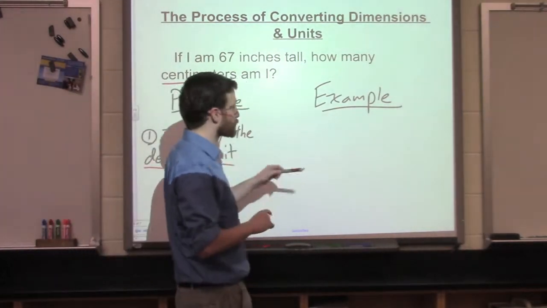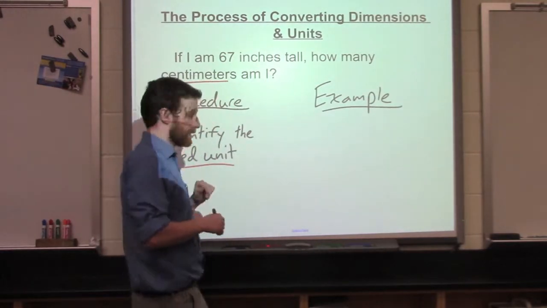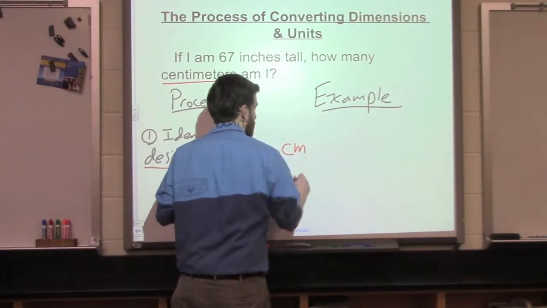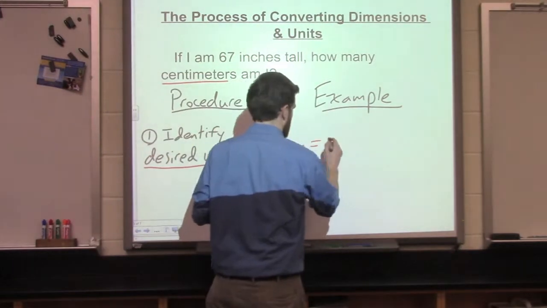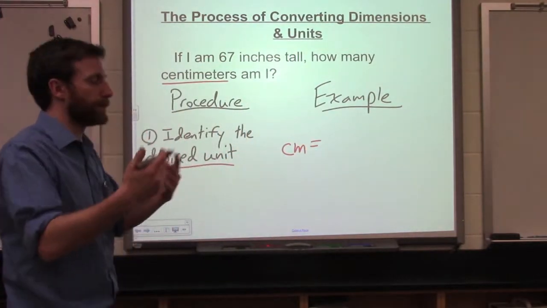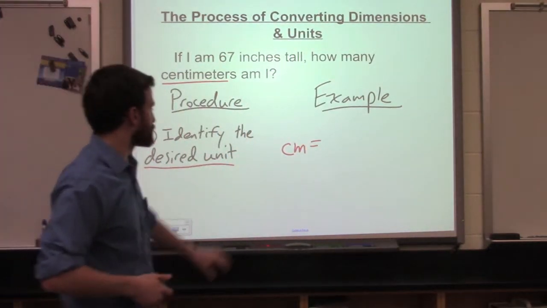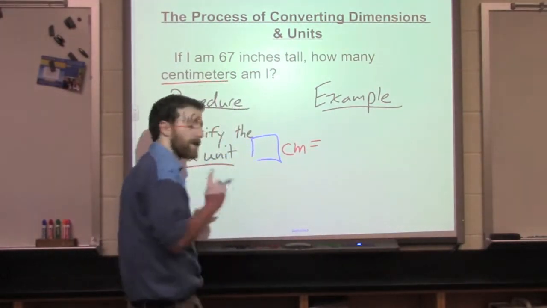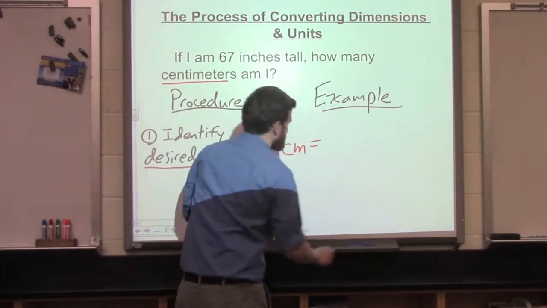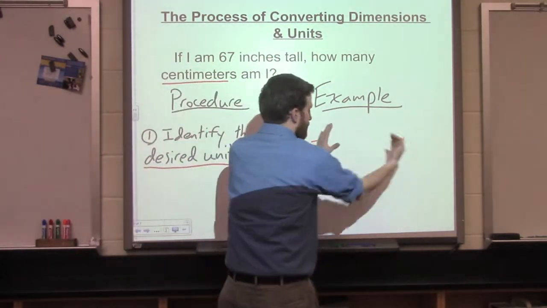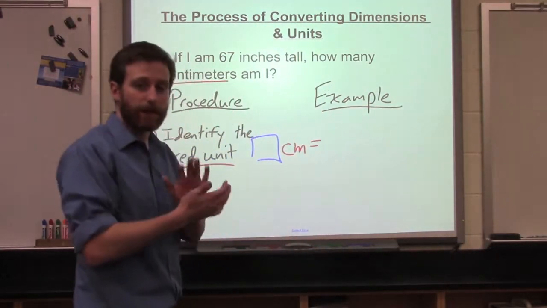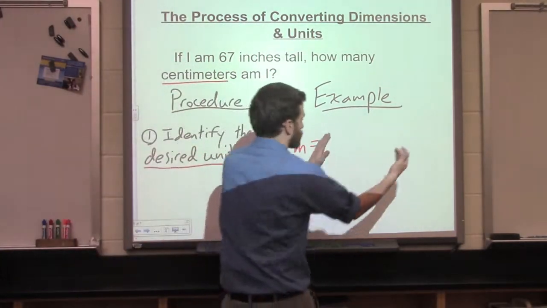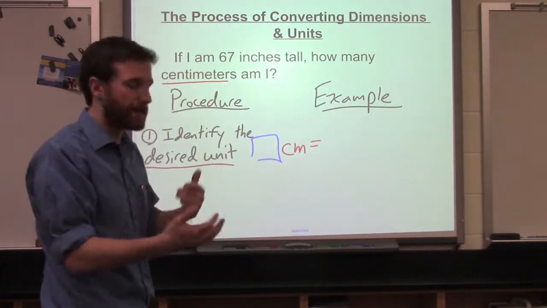And so I always write the desired unit to start out, and I put that next to an equal sign. I'm building the problem right now. And so I know I want to get some number which will go right here. I don't know that number yet. Centimeters equals, and then I've got to build the expression on the right side that will tell me how many centimeters.